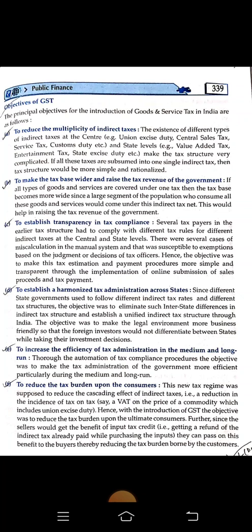Hence, with the introduction of the GST, the objective was to reduce the tax burden upon the consumers. Further, since the sellers would get the benefit of input tax credit, they can pass on the benefits to the buyers, thereby reducing the tax burden borne by the consumers.